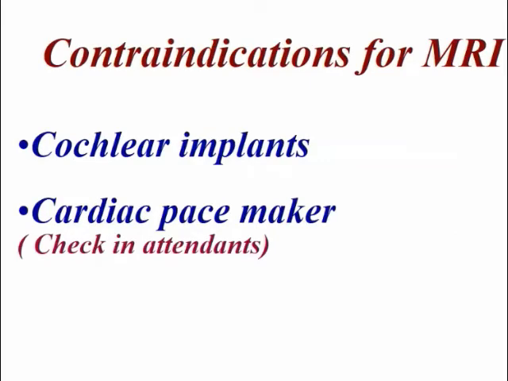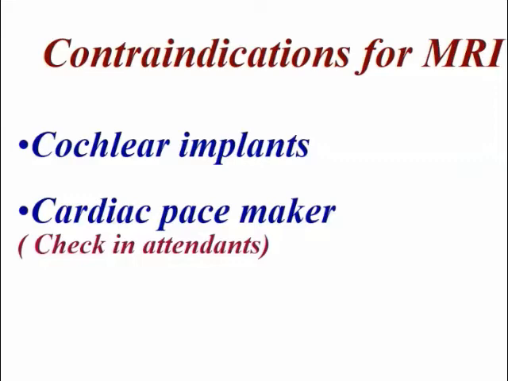Now, in current day practice, there are a lot of kids who have undergone cochlear implants. So before sending a patient for MR, let it be 1.5T or 3T, it doesn't matter, cochlear implants are contraindicated for MR. Second, usually you have parents or grandparents accompanying the children for MR or CT.